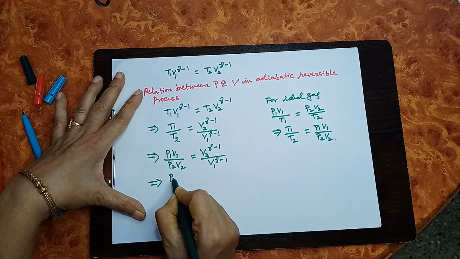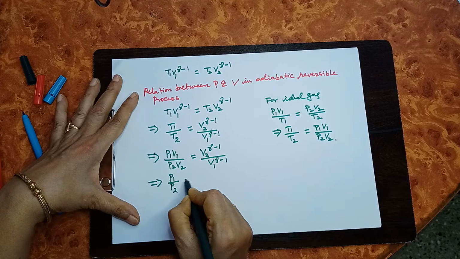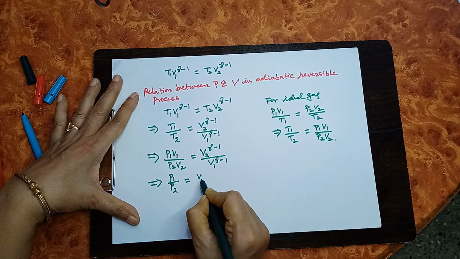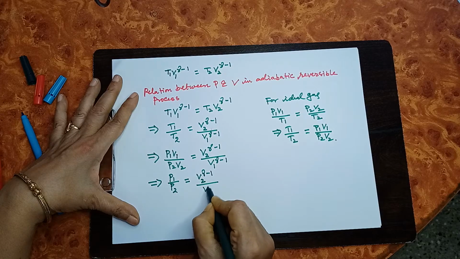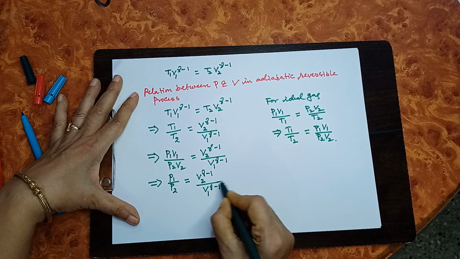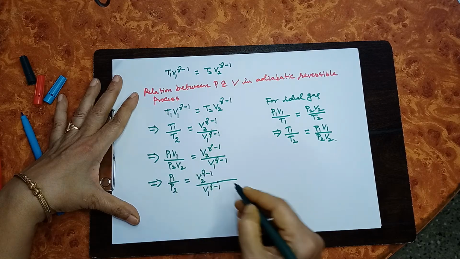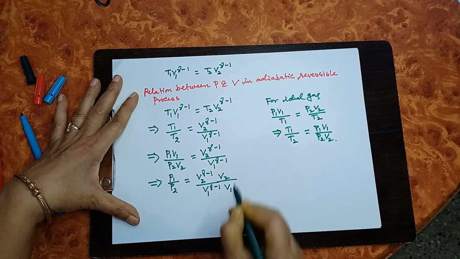So P1 by P2 is equal to V2 gamma minus 1 divided by V1 gamma minus 1. Then cross multiplication, V1 will come here and V2 will go there.